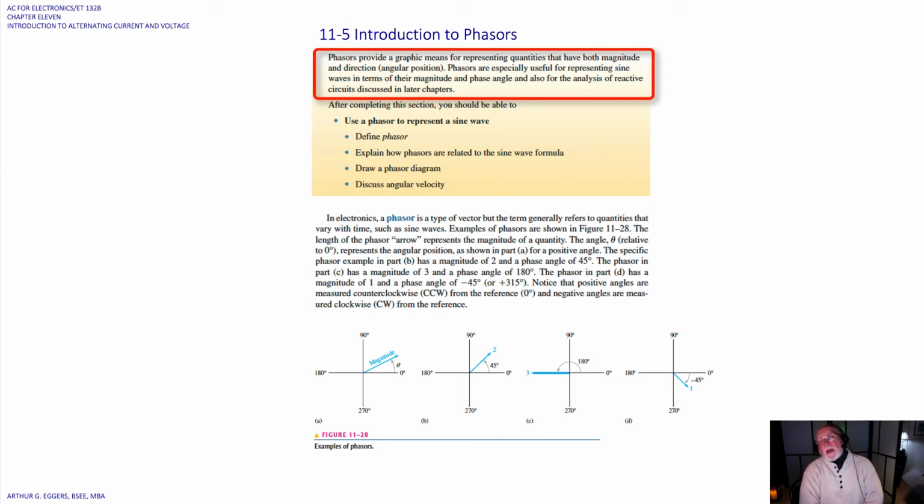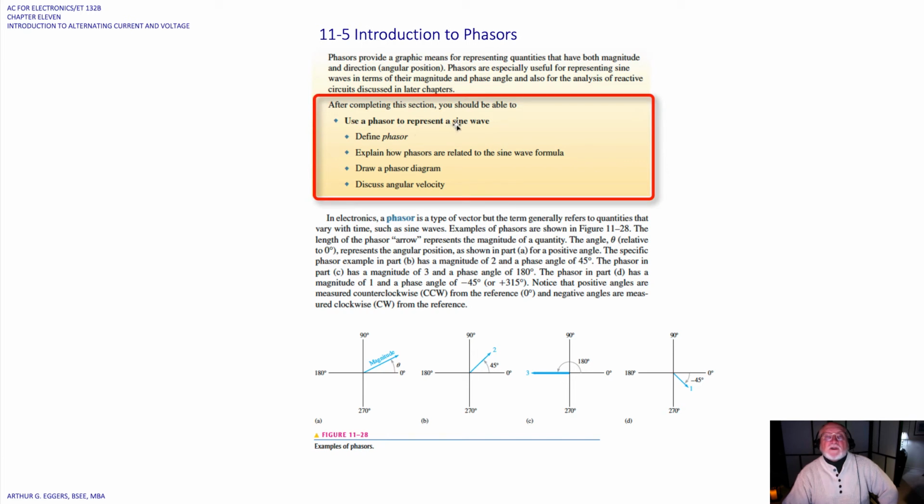If you had ET111, you've been introduced to this. If you go back and look at my videos for the 111 course, you will see that it was introduced in ET111. After completing this section, we'll be able to use a phasor to represent a sine wave.